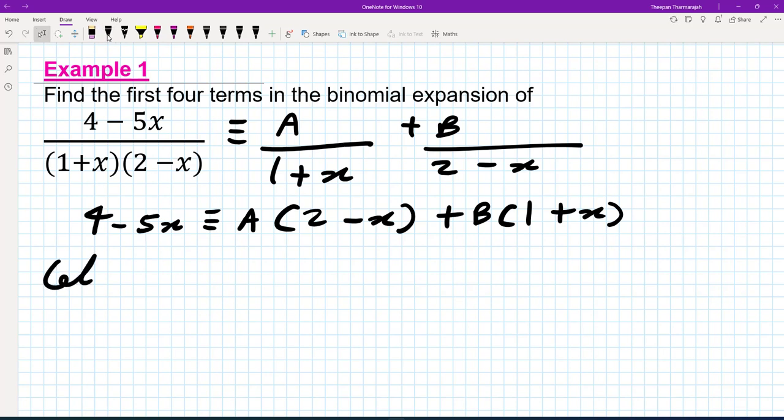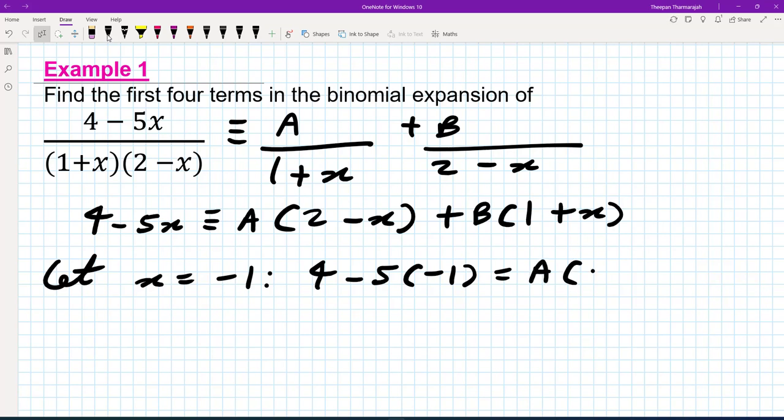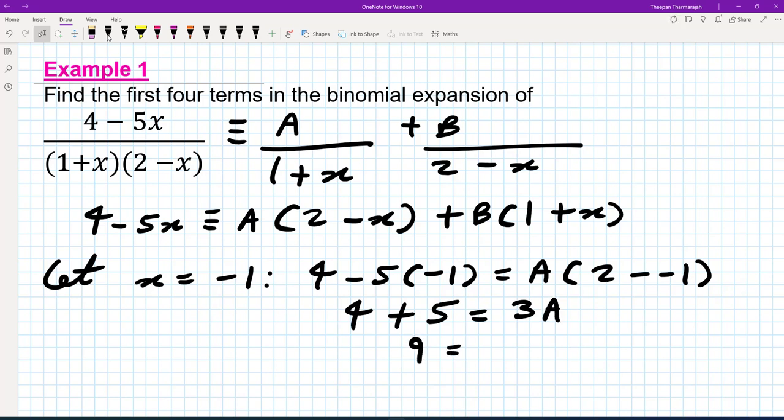So we say let x equal minus 1. So we get 4 minus 5 times minus 1 is equal to A times 2 minus minus 1. So that will give me 4 plus 5, and that will give me 3 lots of A. So 9 equals 3A, so we can say that A must be 3.